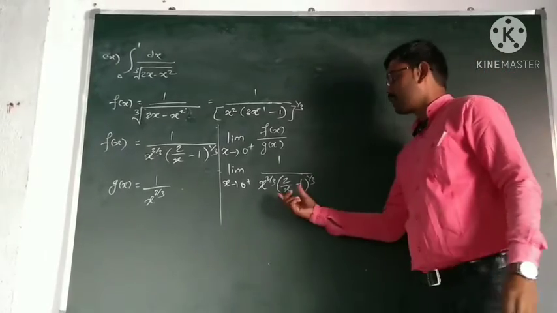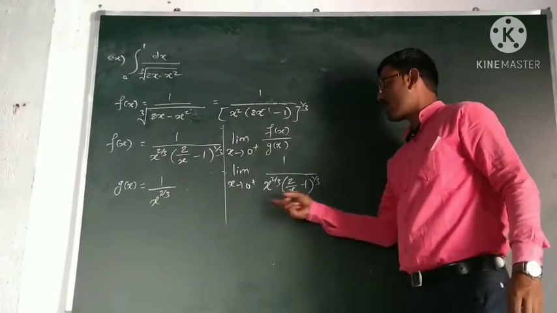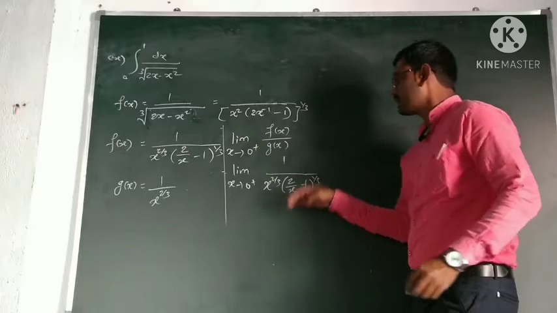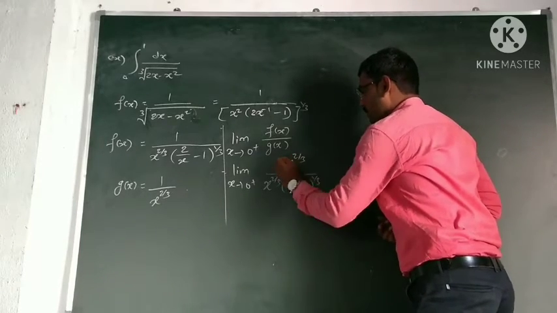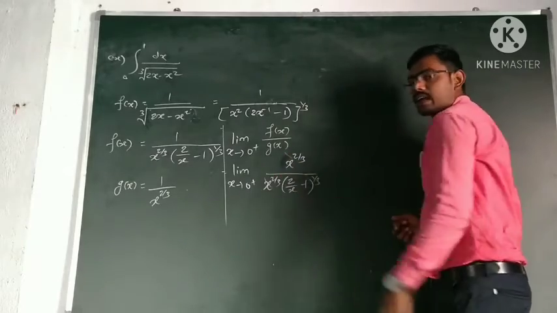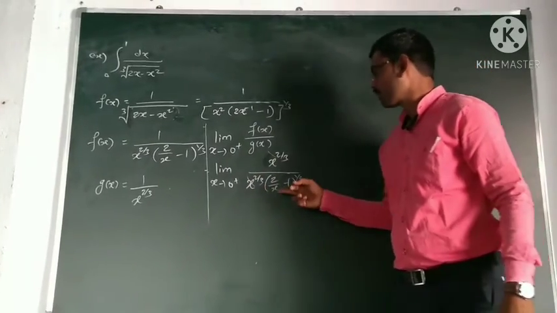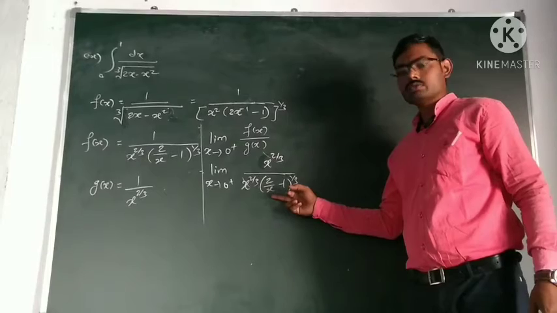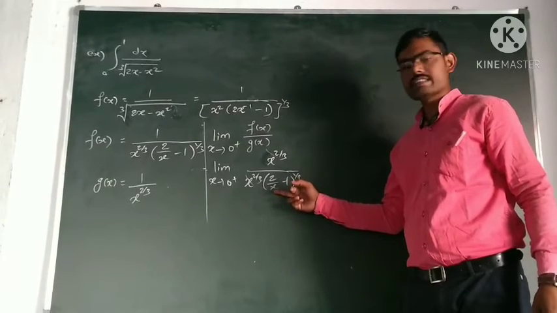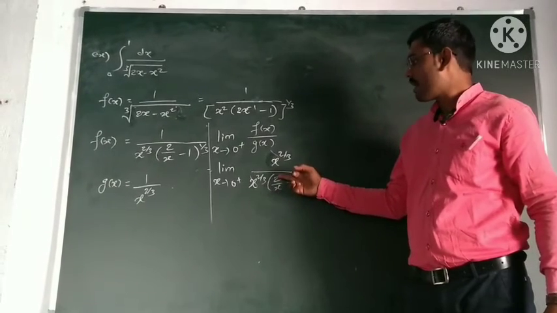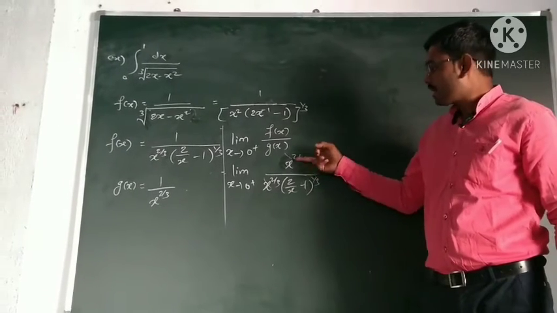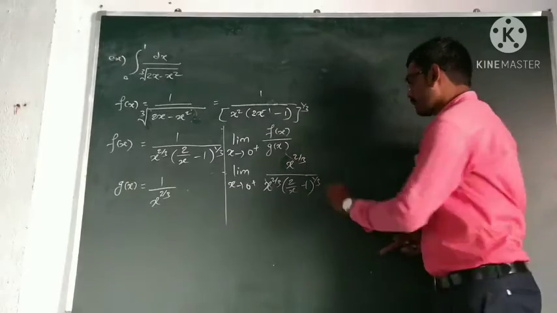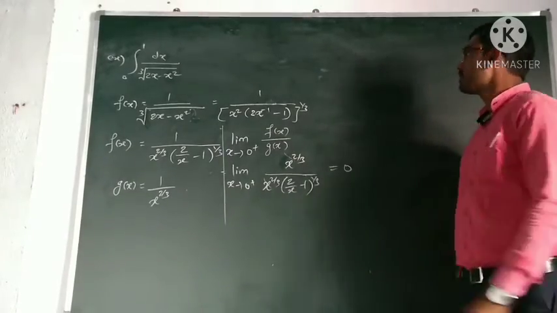And upon g of x, so upon 1 upon x to the power 2 by 3, it comes into the numerator, that is x to the power 2 by 3. So this gets cancelled, and as x tends to 0, 2 by x also tends to infinity, and 1 upon infinity becomes 0, so this limit becomes 0.